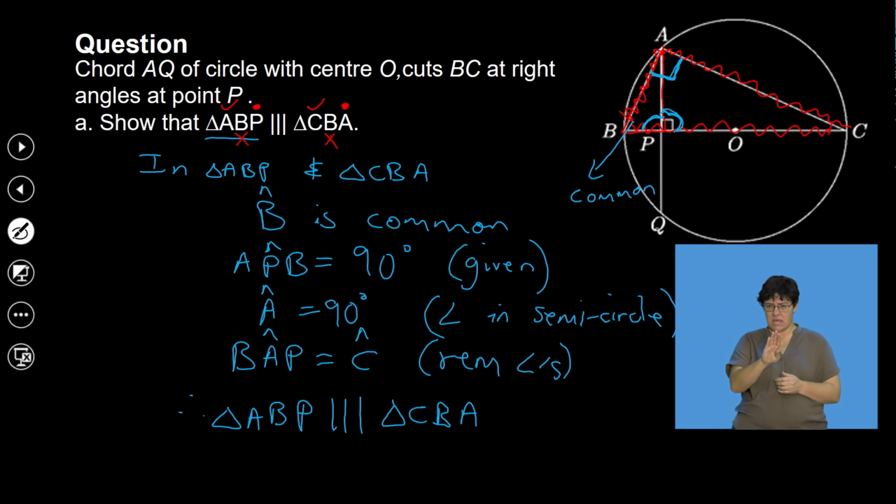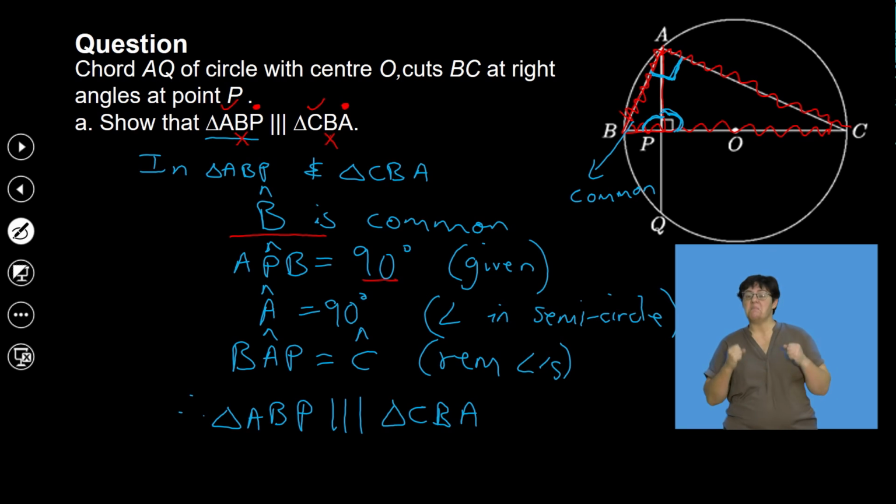Let's see whether that's what I did. The angle at B is x and x on the two triangles. Is it equal? Yes, because it is common. The angle at P, I said, must be equal to the angle at A. Angle at P is 90 in one triangle and the angle at A is 90 in the other triangle. Voila, it's also equal. The angle at A in triangle ABP must be equal to the angle C in the bigger triangle.